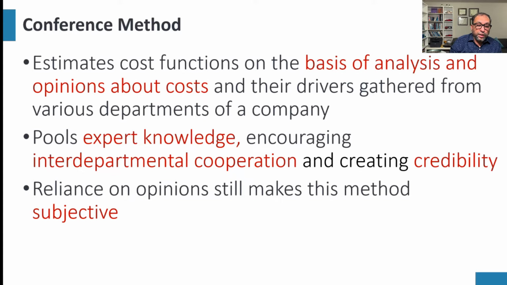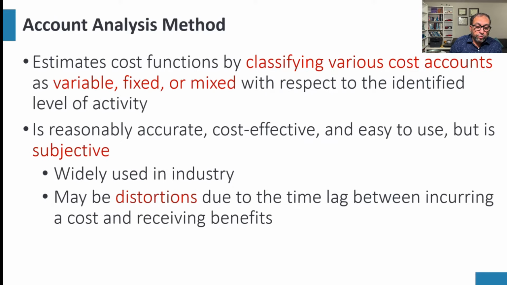But reliance on opinion still makes the method subjective. As you know, this is the opinion of certain experts from different departments, so again, this is subjective. This is not quantitative, where we can figure it out. But they want to explain with their expertise that there is a cause and effect relationship between these two. The third one is the account analysis method.